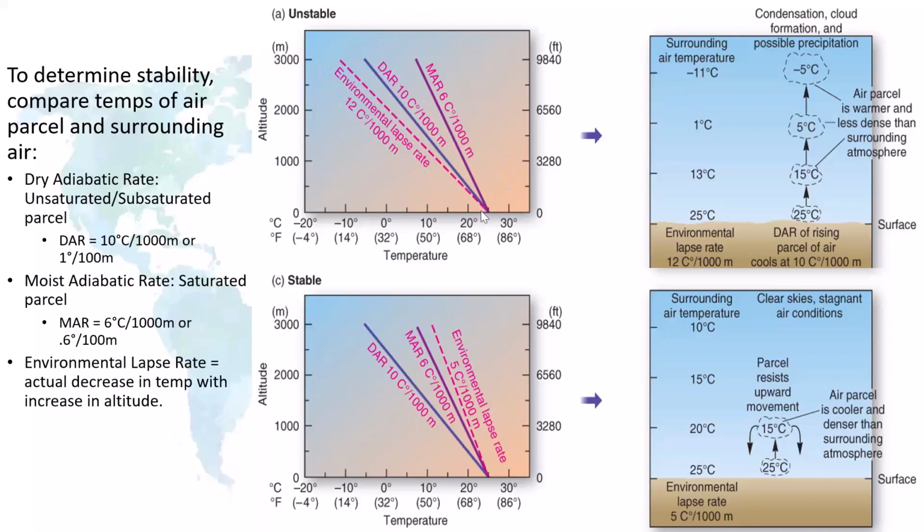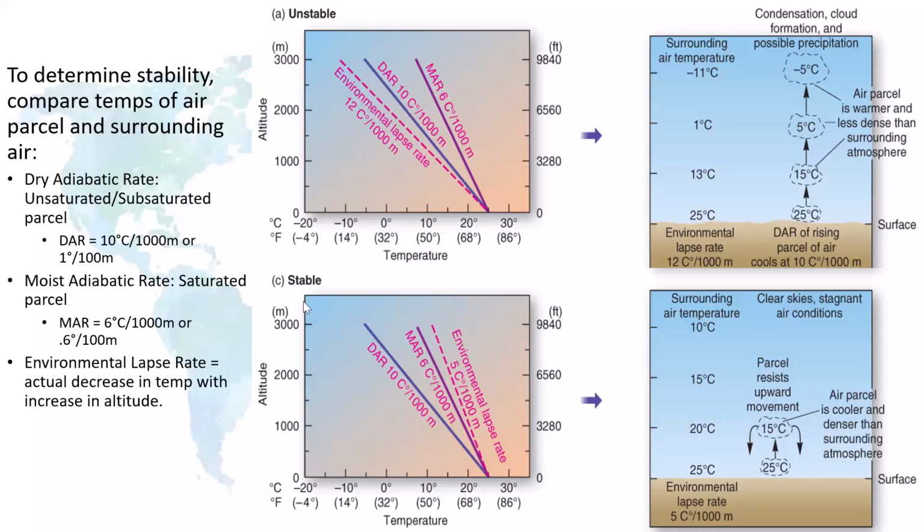And you can see these different lines are marking whether the air parcel is at the dry adiabatic rate, going at 10 degrees Celsius for every 1,000 meters, or if it is moist, it is cooling at 6 degrees Celsius for every 1,000 meters.